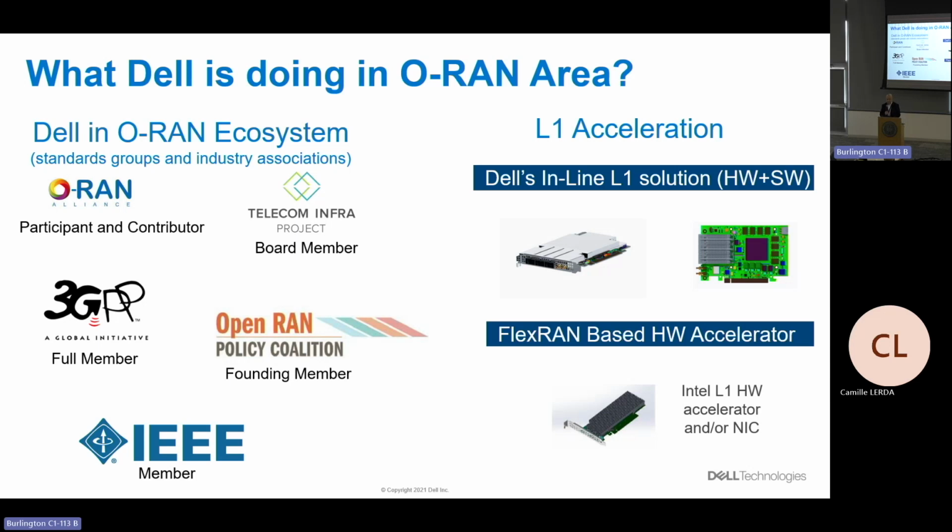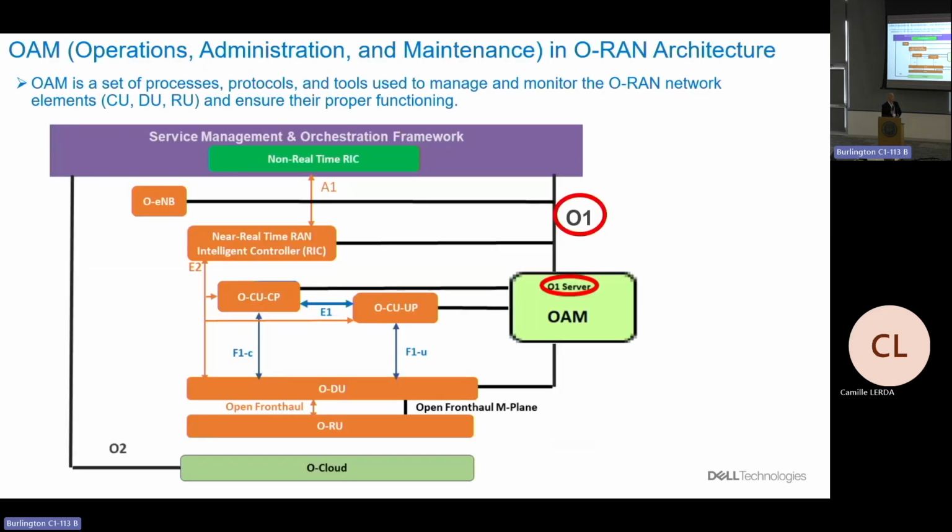Now let's speak a little bit about this. You probably all know this diagram. It shows the architecture of O-RAN with all the network functions and nodes, types of CU, DU, RU, and so on.